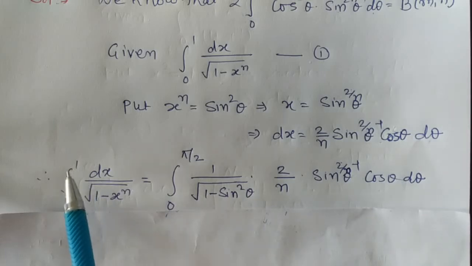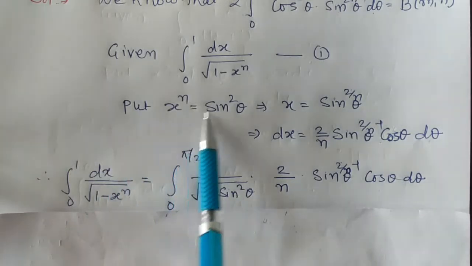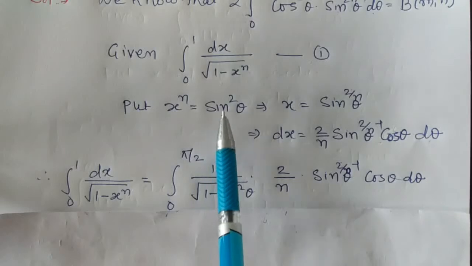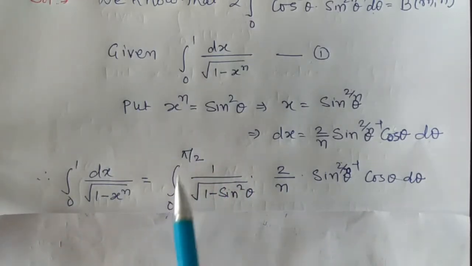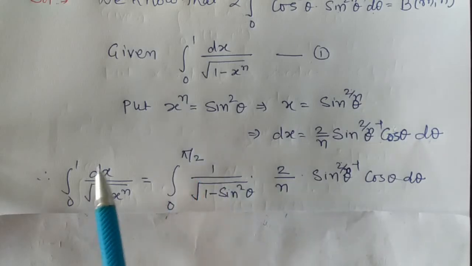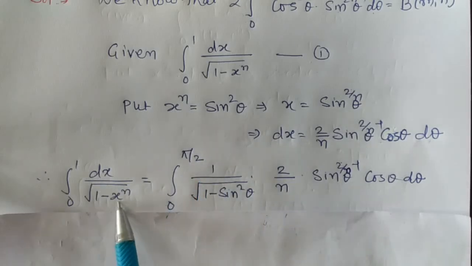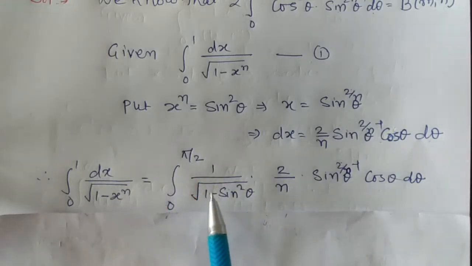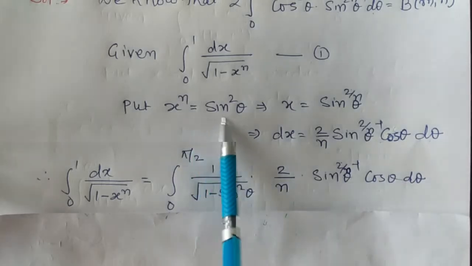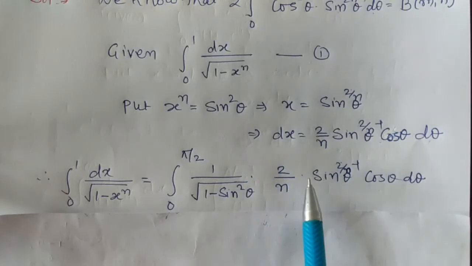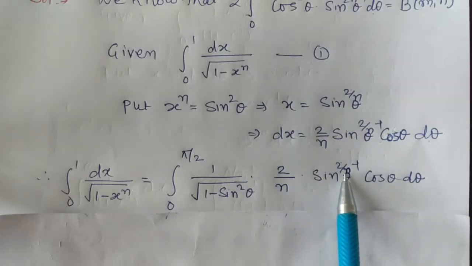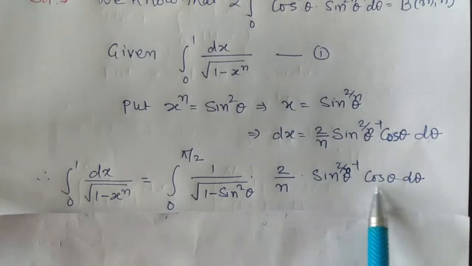The upper limit of x is 1, so sin square theta is 1, then sin theta is 1 and we get theta equal to pi by 2. So the limit of integration becomes 0 to pi by 2. Now 1 upon square root of 1 minus x power n, where x power n is sin square theta, into dx, where dx is 2 by n into sin theta power 2 by n minus 1 into cos theta d theta.